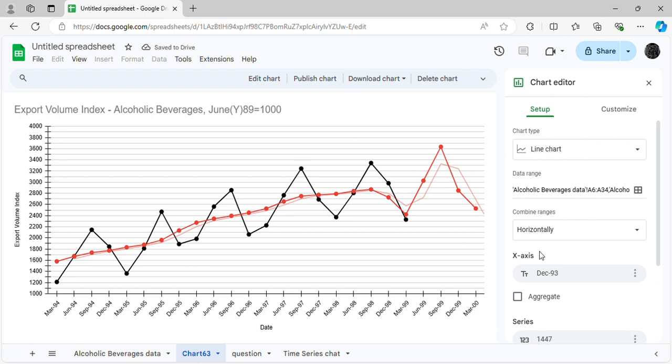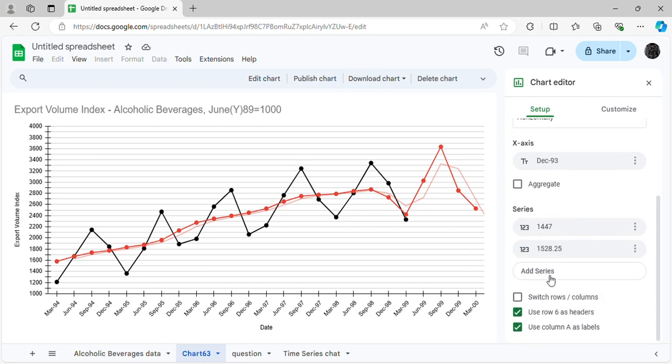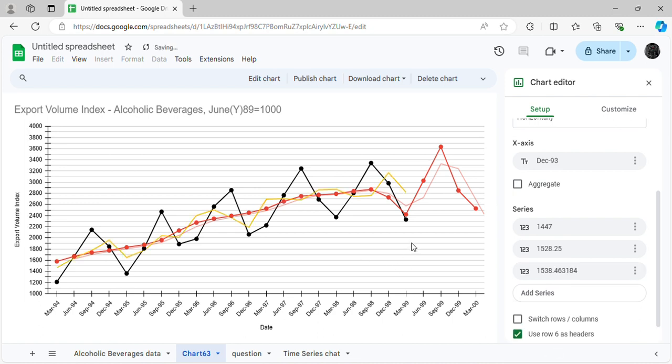Click on OK. And now under series, we click on add series, and we add the deseasonalized values.